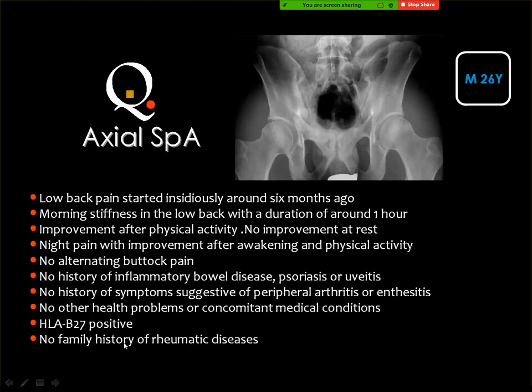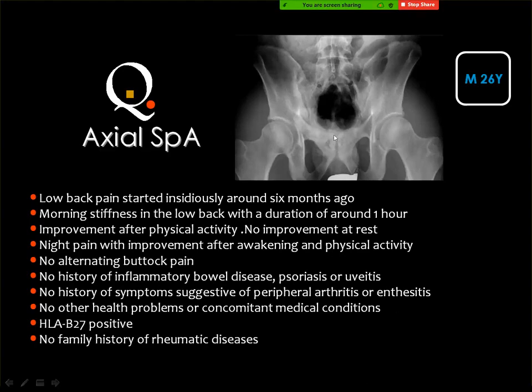Then also the patient will have human leukocyte antigen B27 positive with no family history of rheumatic disease. If you can spot these criteria in a patient who is below the age of 45, then you may say that the patient has axial spondyloarthropathy.